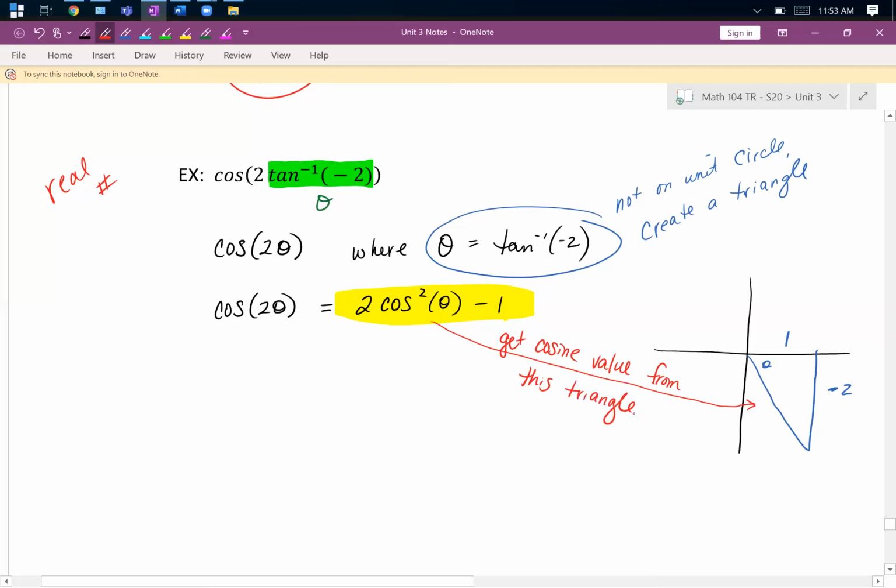And then we'll just plug it right into our formula. Cosine is adjacent over hypotenuse, so we're going to have to do Pythagorean theorem to get our hypotenuse. That's going to be 1 plus 4. We get the square root of 5.